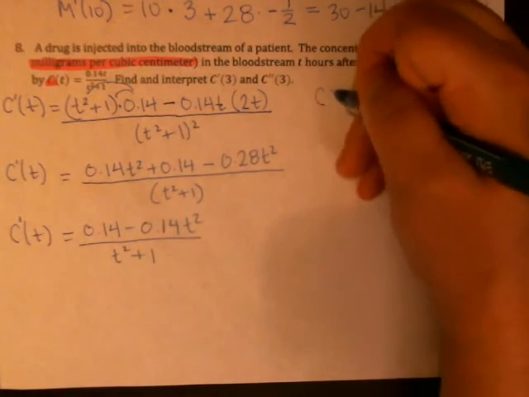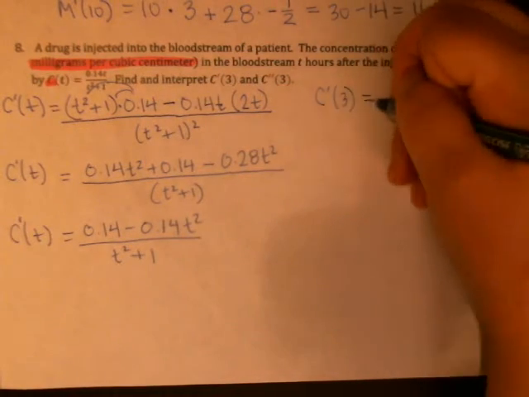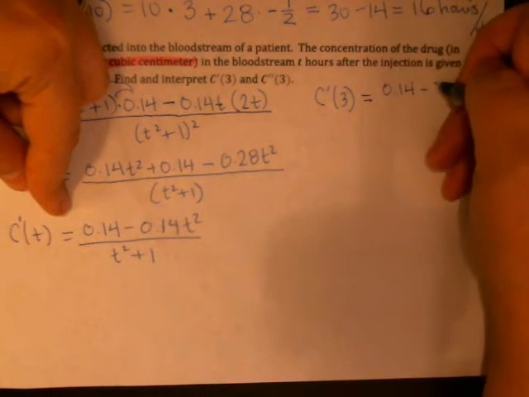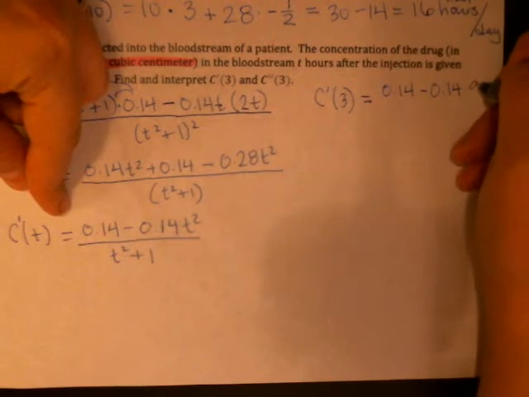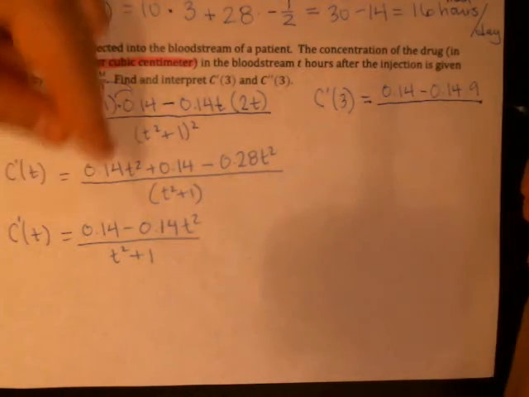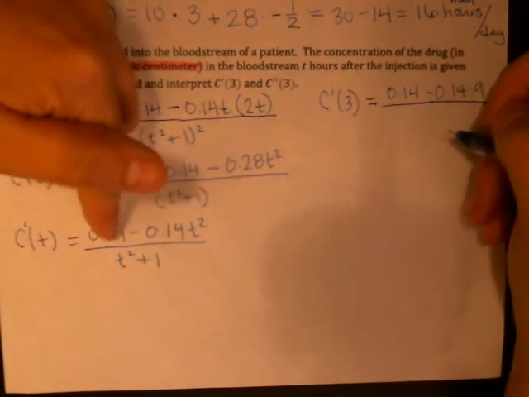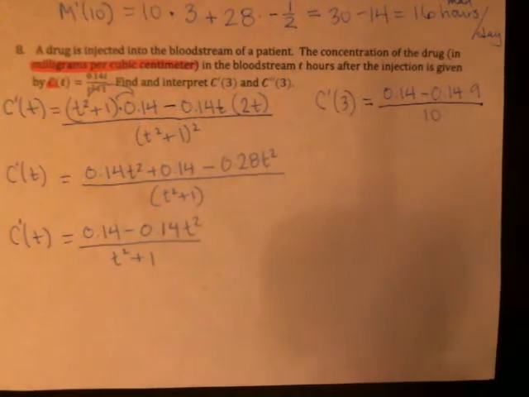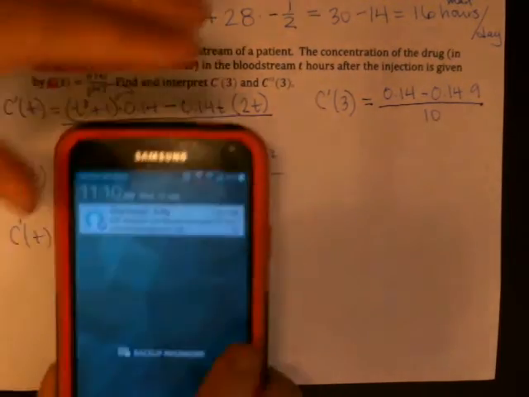So if I want to find C prime of 3, I'm going to go ahead and plug it in. I have 0.14 minus 0.14 times 9, over 3 squared plus 1, which is 10. Okay, so phone calculator.